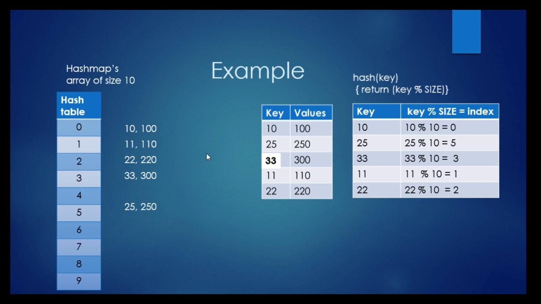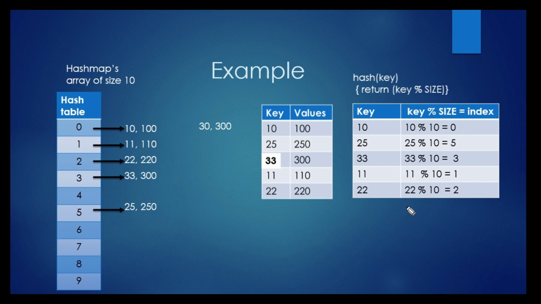The example of key value pairs provided is a perfect example. What will happen if you have a key value pair of 30 and 300? Let us calculate its index.